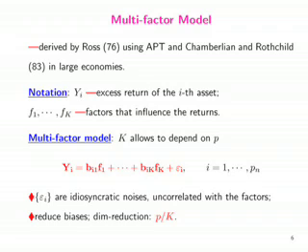For this talk, I let y_i be the excess return of the ith asset, and these are the factors. I have k factors that may influence the return. The multi-factor model, as derived by Steve Ross using arbitrage pricing theory, or by Chamberlain and Rothschild in the large economy, basically says that the ith return depends on its factor loading on the first factor, up to its loading on the kth factor, plus epsilon_i.